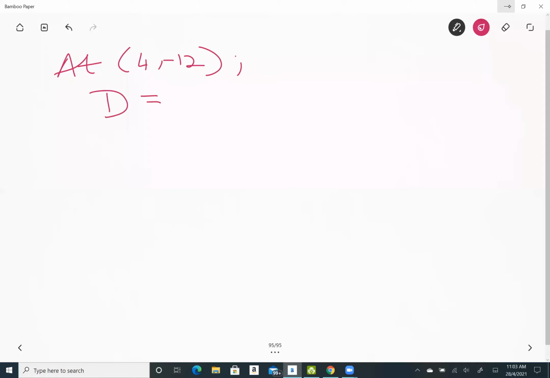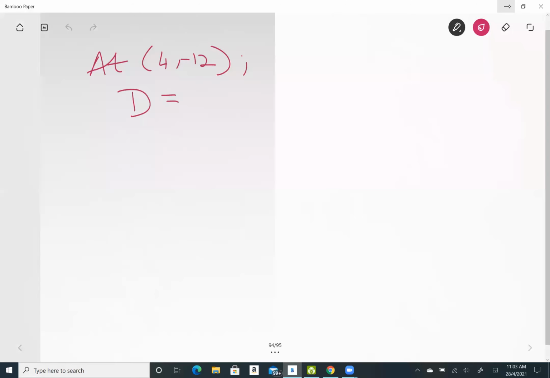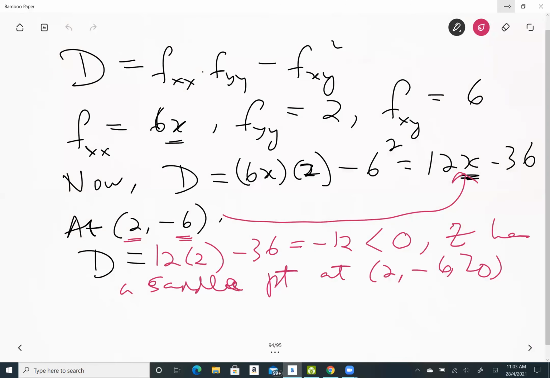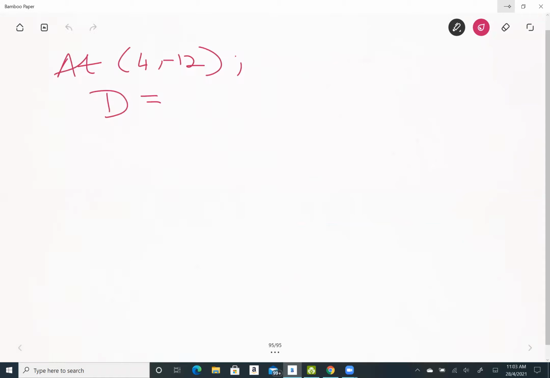D is equal to 12x minus 36. So 12 times 4 minus 36, which is 6 squared. So that is equal to what? That is equal to 12. Okay, 48 minus 36, 12.